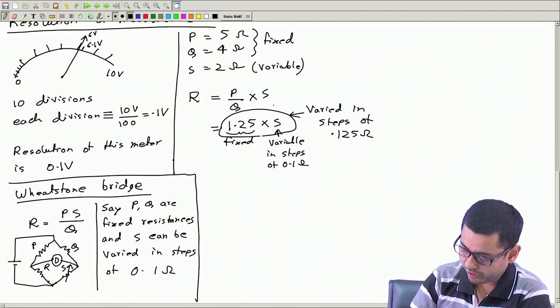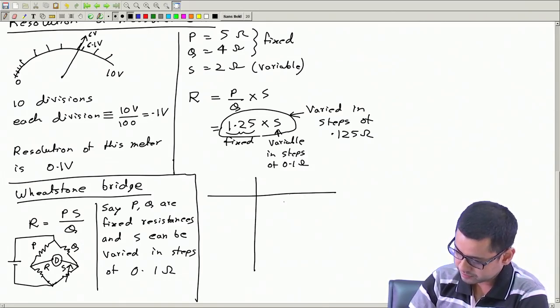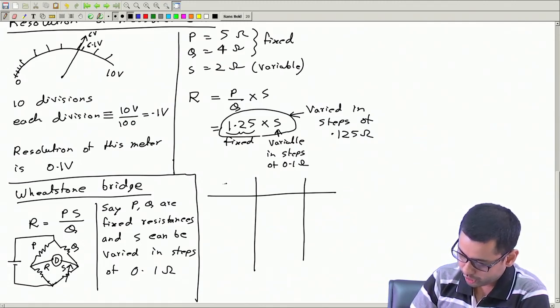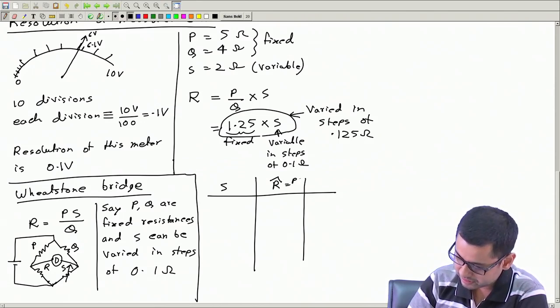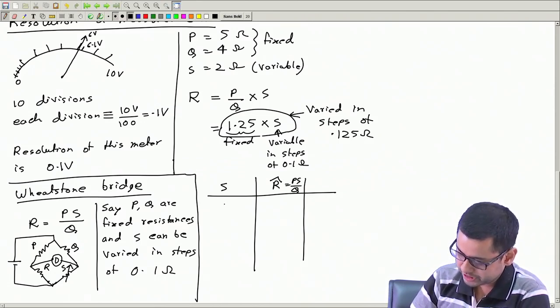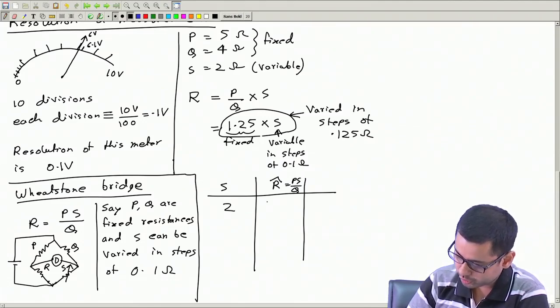For example, let us make a table of the value of S and the estimated value of R, which is this P by Q times S. If we take S equal to 2 ohm, then this will come out to be 2.5 ohm.